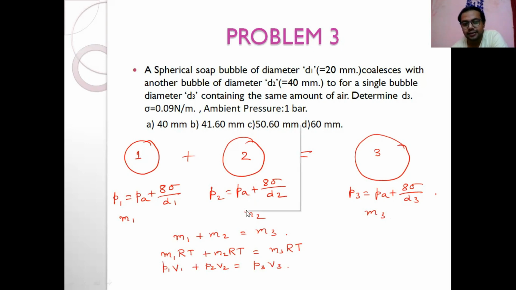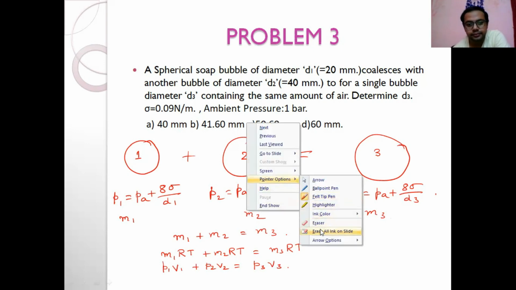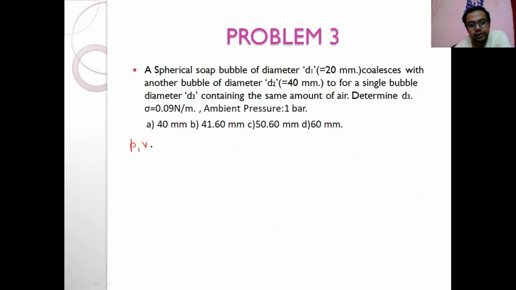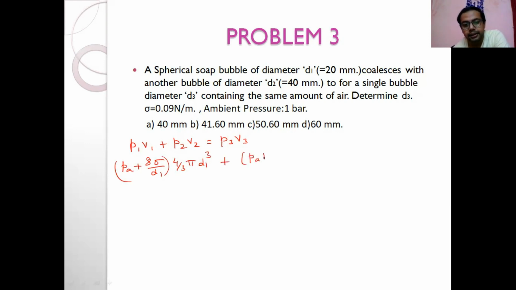That is, (Pa plus 8 sigma by D1) times V1, where the volume of the sphere is 4 by 3 pi D1 cubed, plus (Pa plus 8 sigma by D2) times V2, equals (Pa plus 8 sigma by D3) times V3.